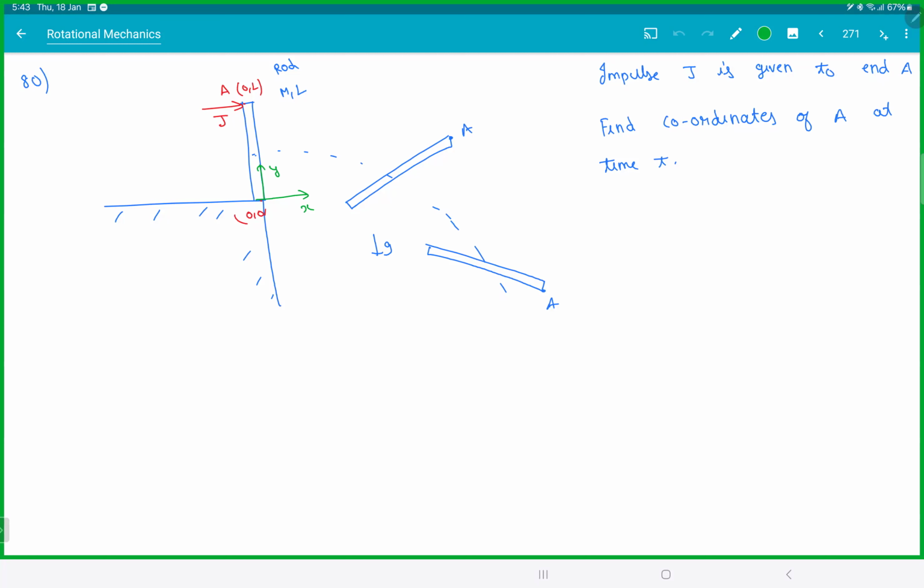Step one, find the velocity of the rod. Find omega of the rod. Once you get that, the question is done. Try. You got a minute.